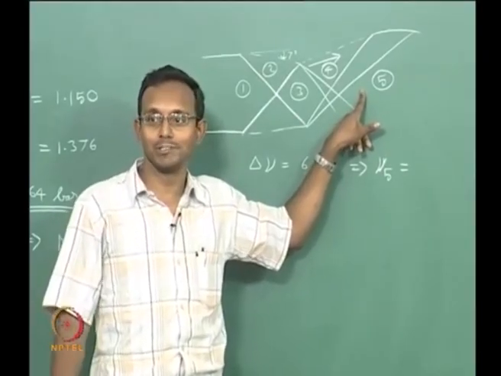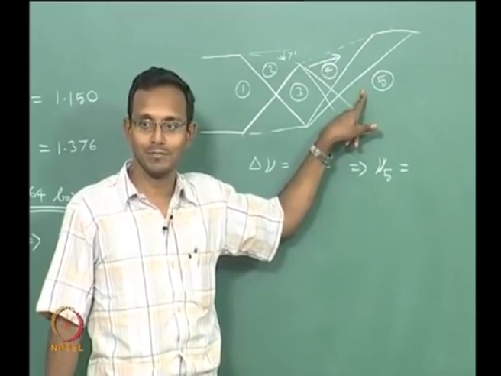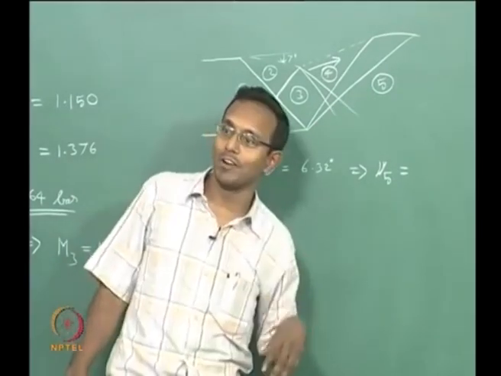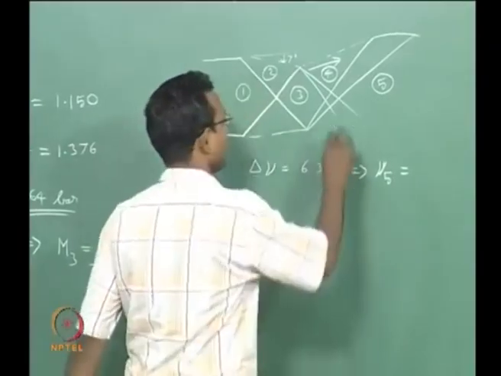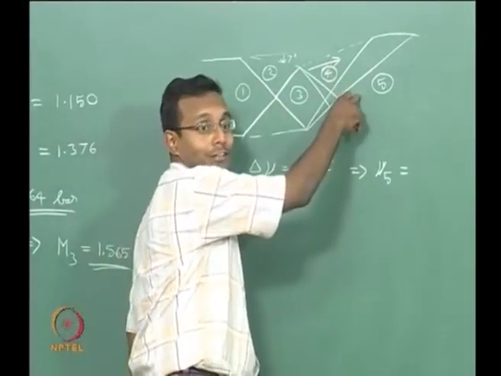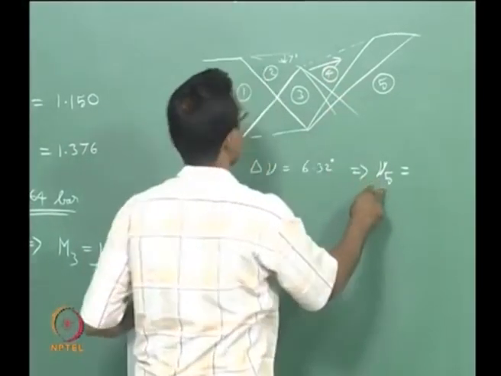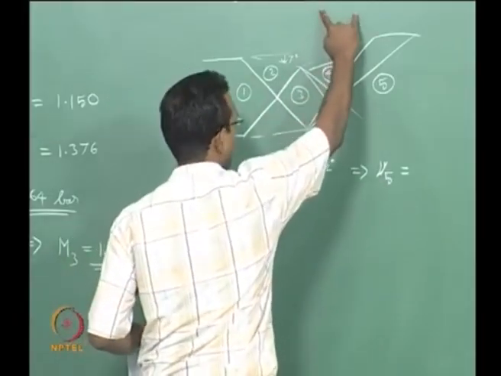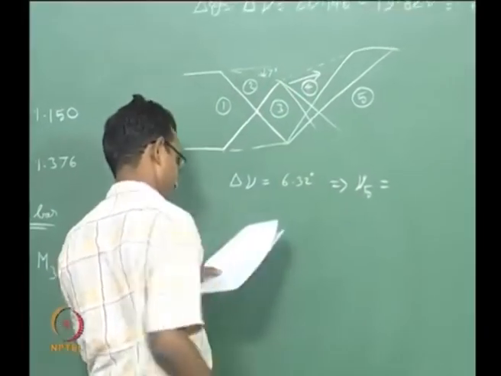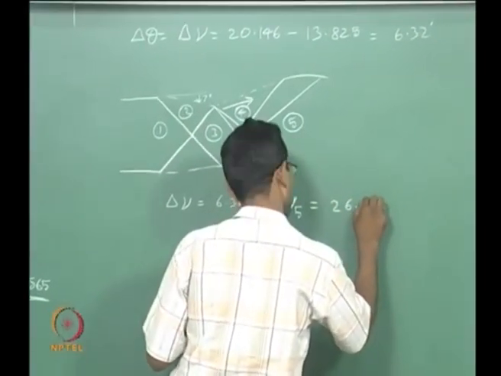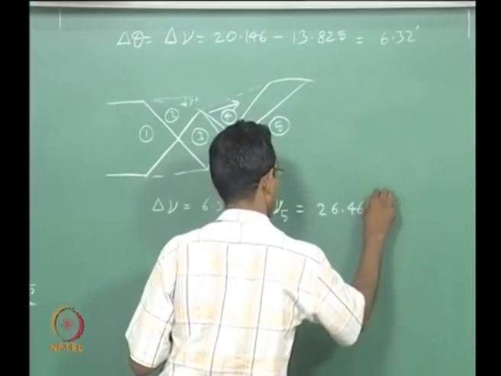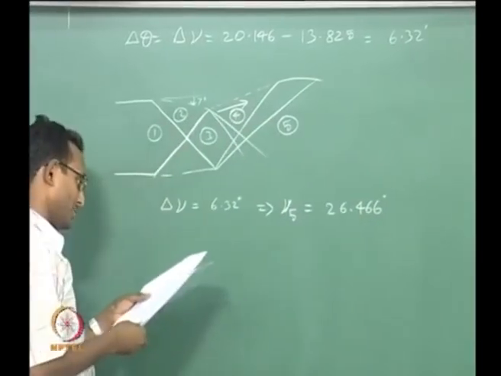Mach number increases, so what happens to nu? It is a monotonic function, it is going to go the same direction, it is going to increase. So I am going to say this will further increase. So my nu should be the previous nu 4, 20.146, plus this 6.32. So I am getting a number 26.466 degrees.